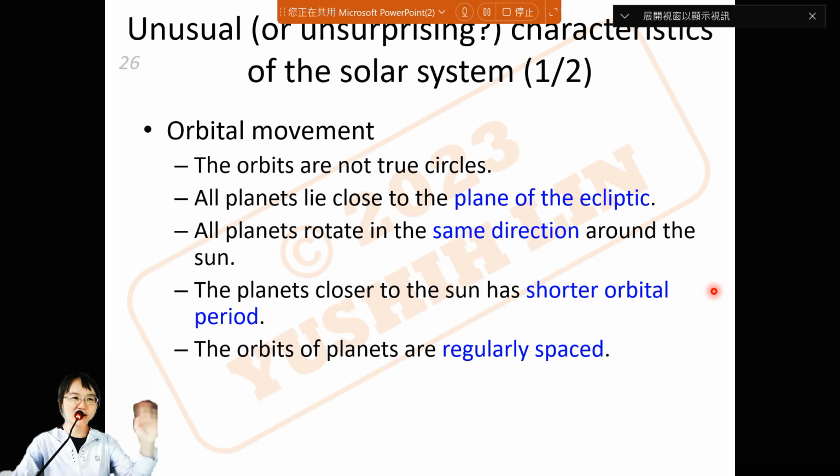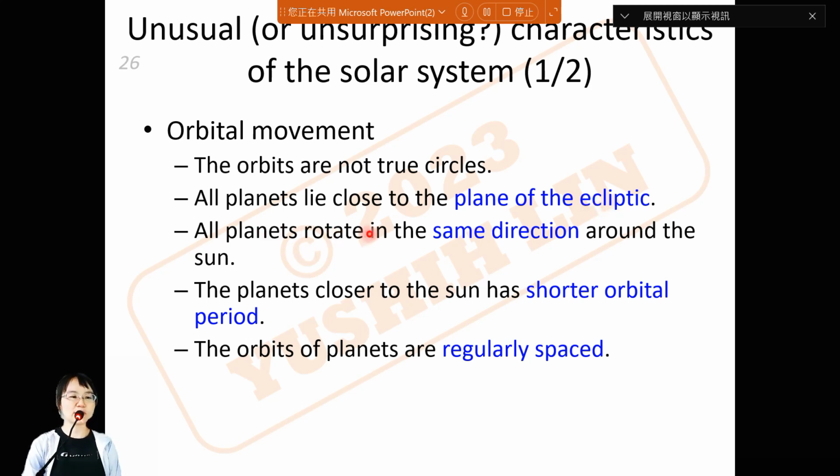There are several unusual characteristics of the solar system if you compare it to a system with 10 randomly moving balls. The most unusual characteristic is there is orbital movement. But we are so used to it that we no longer think it's a surprise. The orbits are not true circles. All planets lie close to the plane of the ecliptic.